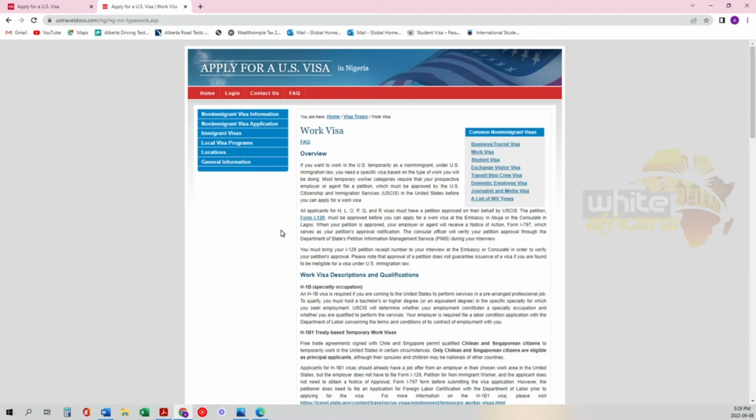The Form I-129 must be approved before you can apply for a work visa at the embassy in Abuja or the consulate in Lagos. Remember, the petition needs to be approved. The employer or agent will receive a Notice of Action, Form I-797, which serves as your petition approval notification.